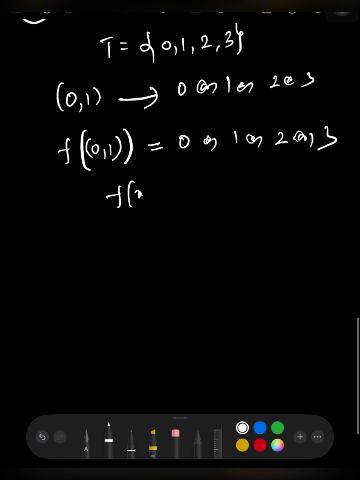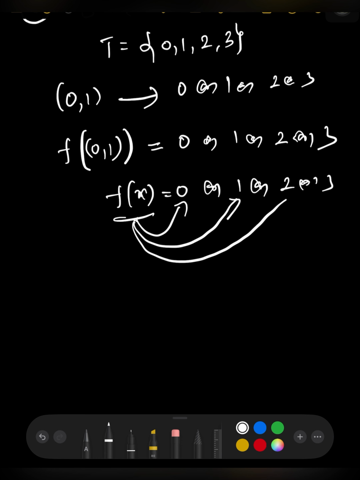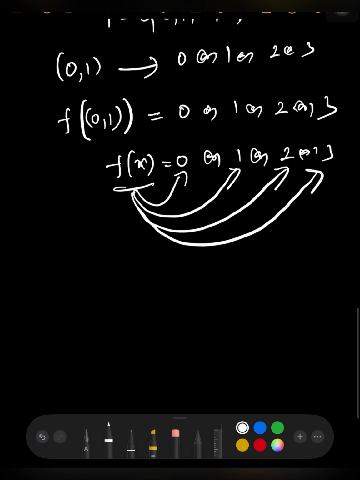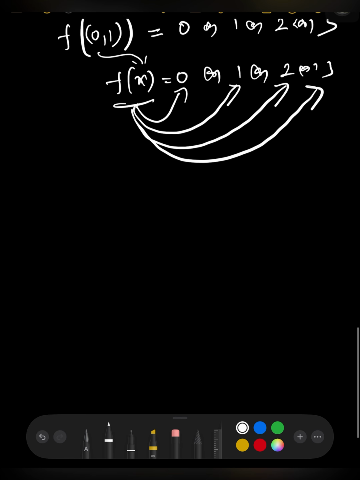Here f of x equal to 0 is a constant function, f of x equal to 1 is a constant function, and 2 and 3. So in that interval from 0 to 1, whatever the value, you can substitute, then you can make the function continuous, and it is a constant function.